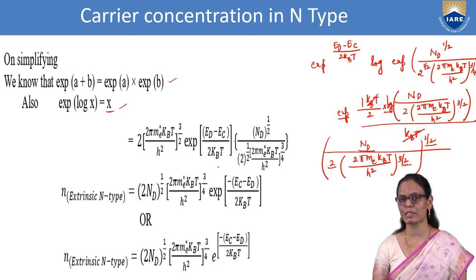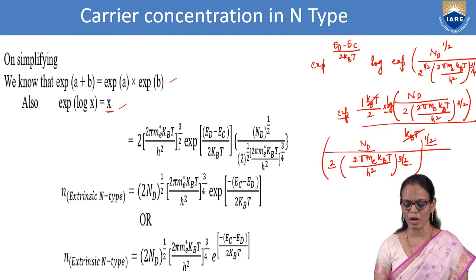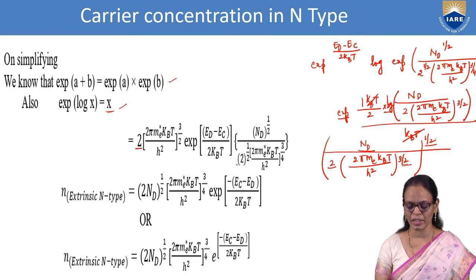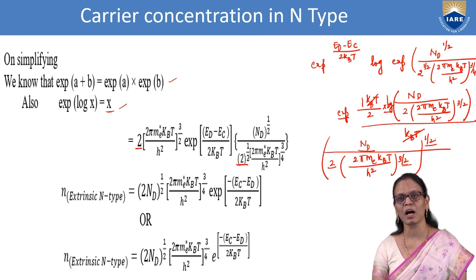So we are writing the same expression here: exponential (ED − EC)/2kBT into Nd power half by 2 power half into (2π me kBT/h²) power 3/4. Now how do we simplify this? Here you have 2, here we have 2 power half.